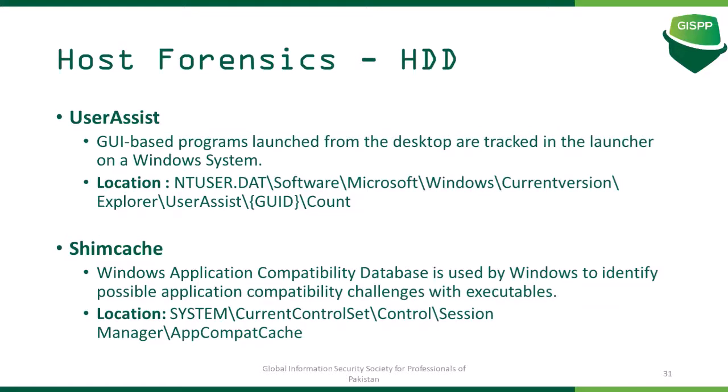It has developed a lot of tools and mechanisms to prevent security breaches. So I'm just quickly going to go through some artifacts here. UserAssist history: basically any programs that are launched from your desktop or your launcher, like from the taskbar, are usually kept here in your registry.